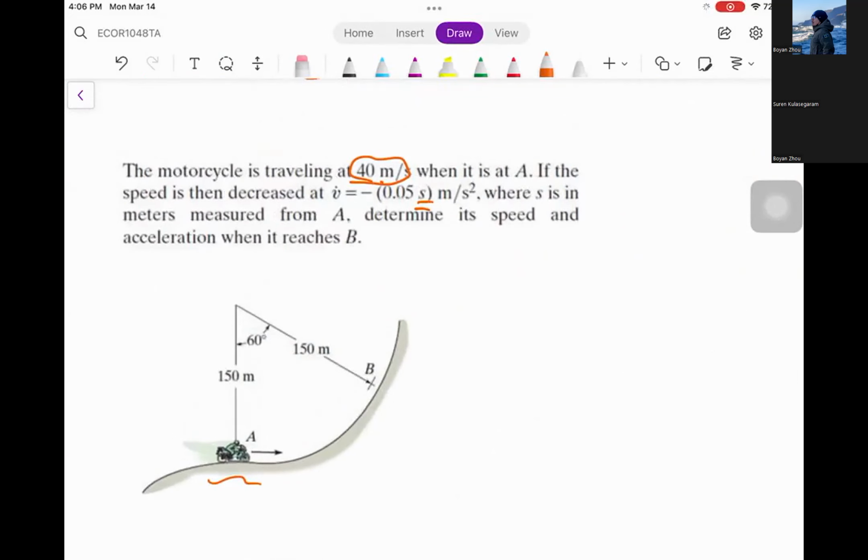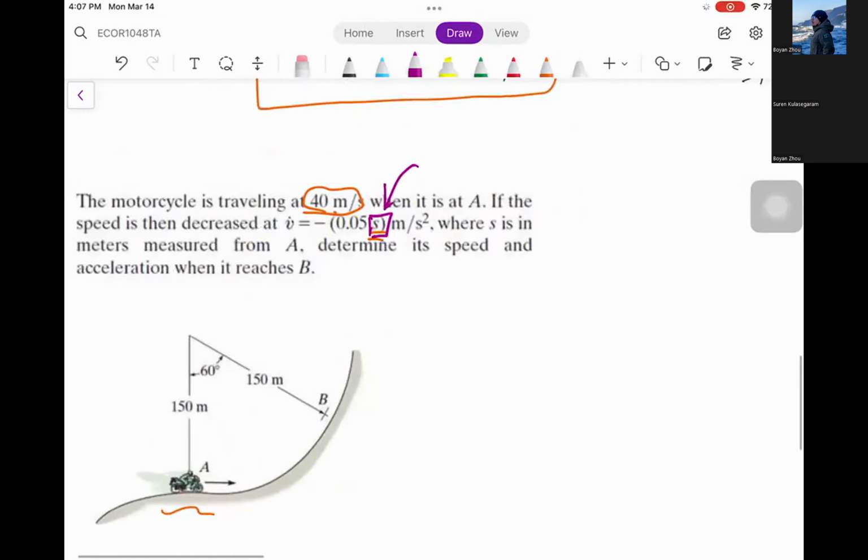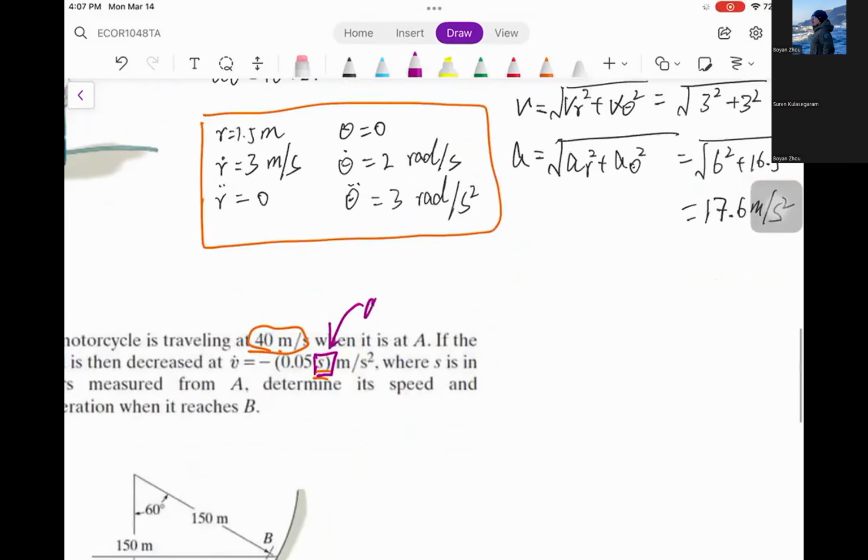But actually the s over here, the question should be more specific. So the s here is the distance that the motorcycle travels.